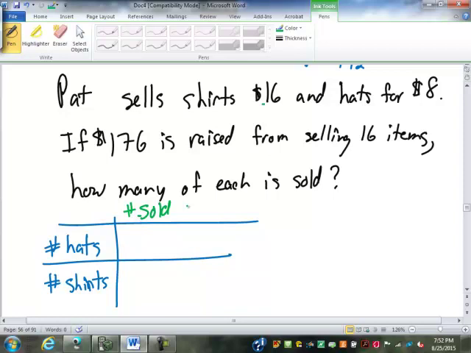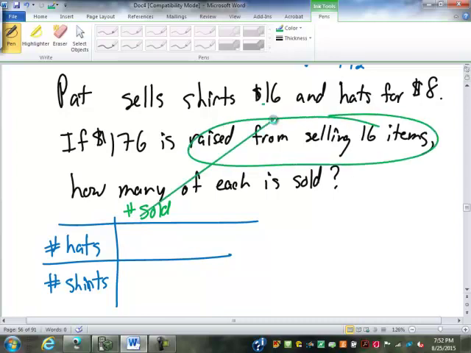Is there a relationship between the number sold here? We've not been told anywhere that one of them is a certain number times the other. And we're also not told that one of them is a certain number more than the other. But we are told there's a total of 16 items. So, let's put that. If we have hats plus shirts is going to equal 16.